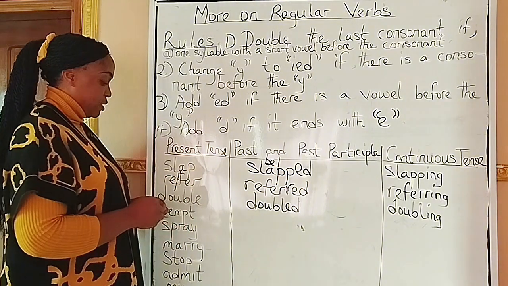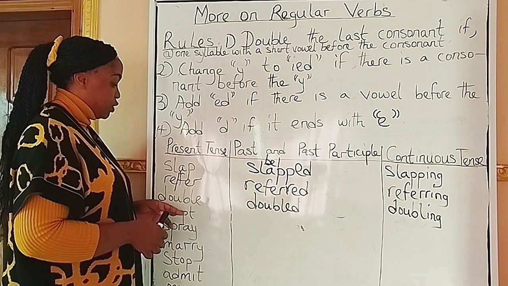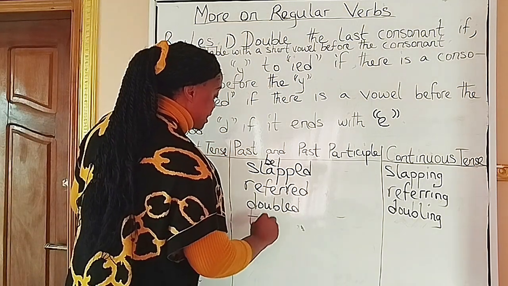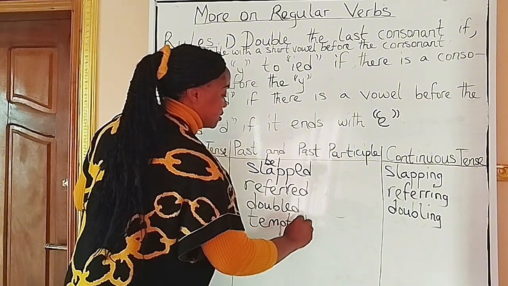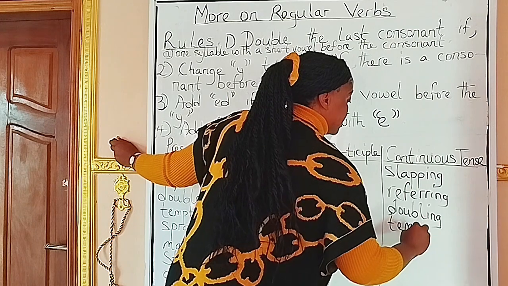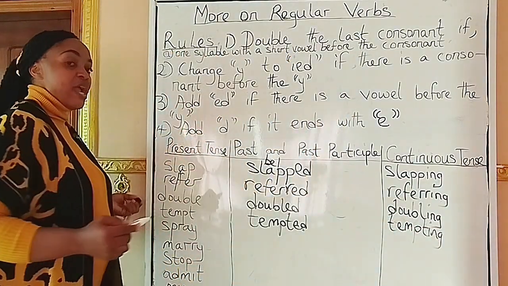Tempt. You can see that we have this word and there is no vowel before the T. So that's why we just have to add ED. Tempted. All right, and here becomes tempting. All right, we go to the next. Spray.